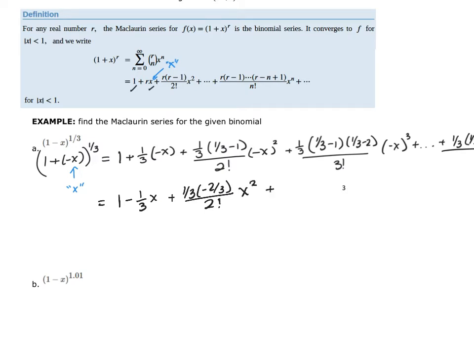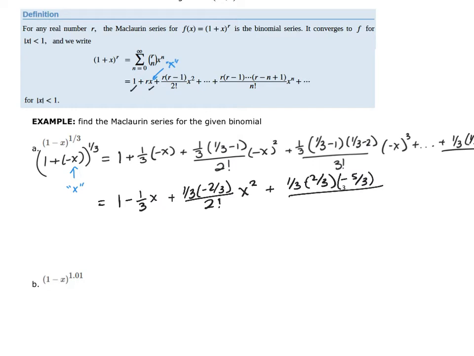And then plus, I have 1/3, and then I have negative 2/3, and then I have negative 5/3. Is that right? Negative 2/3 minus 1 is negative 5/3. So it's 3, 4, 5, 5/3.